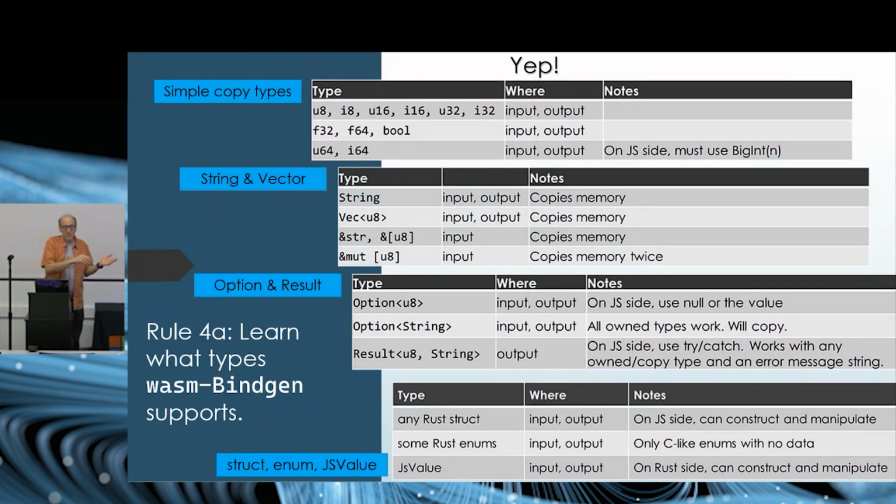You can even send results back, and should, from Rust to JavaScript. On the JavaScript side, if it's the happy path, then you'll just get the happy result. If it's the bad path, it'll throw an exception with your error type, but your error type is restricted. I recommend you just make it a string. But still, it's JavaScript, try, catch, all that works the way you would expect it to on the JavaScript side.